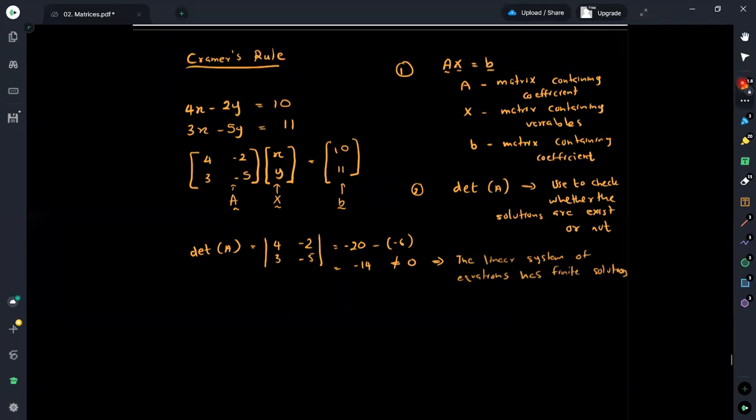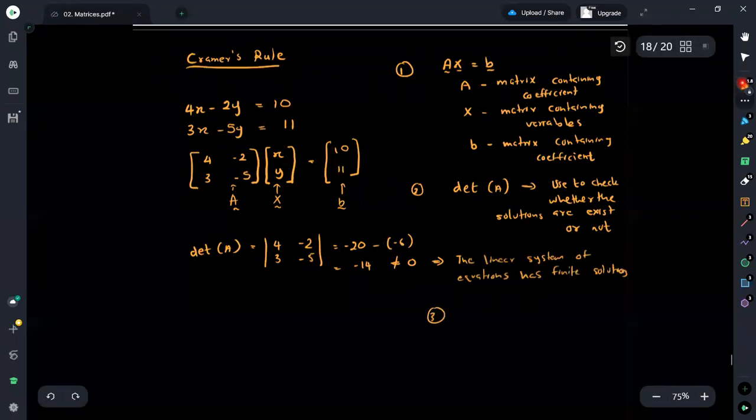Therefore, using the determinant, we are checking whether the solutions exist or not. Now we have confirmed that the solutions exist. Therefore, we can go for the third step to find the value for the ith variable.